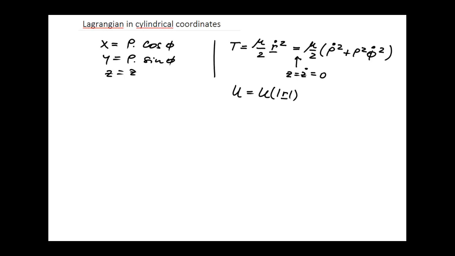So again, there is no z component to worry about, and the length of the vector r is simply, in cylindrical coordinates, that's simply our rho. So again, using the fact that z is 0, we have eliminated the third coordinate.